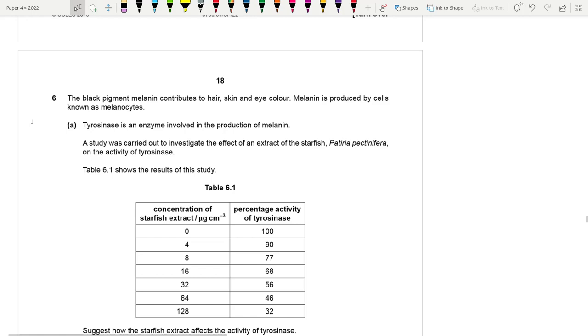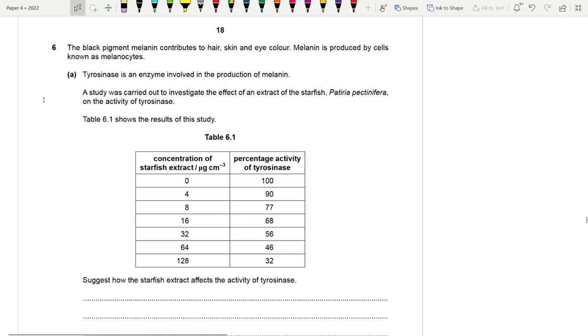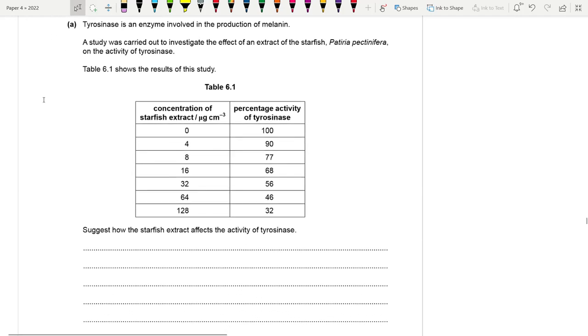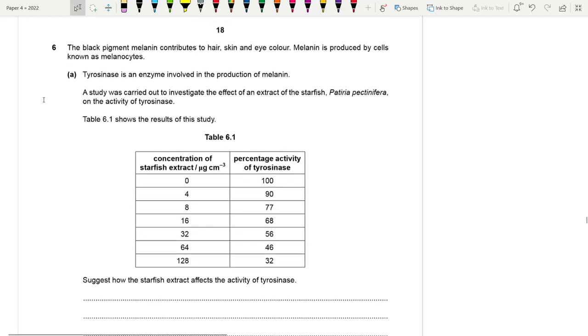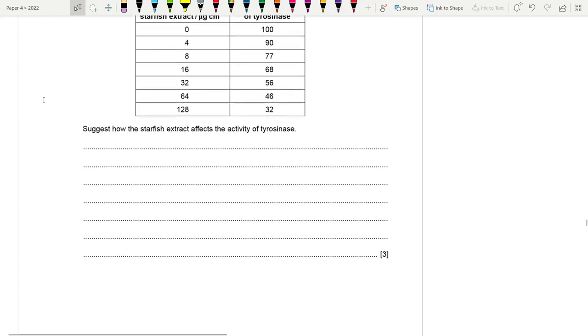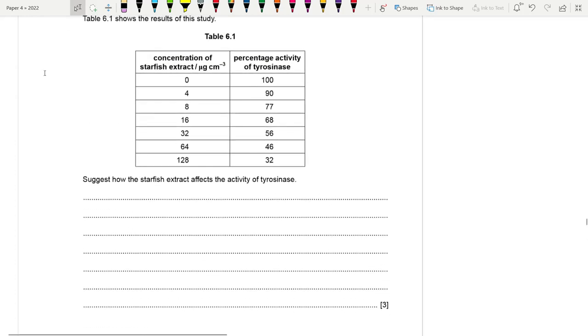Melanin is produced by cells known as melanocytes. Tyrosinase is an enzyme involved in the production of melanin. A study was carried out to investigate the effect of an extract of the starfish on the activity of tyrosinase. The table shows the results of the study. Suggest how the starfish extracts affects the activity of tyrosinase.